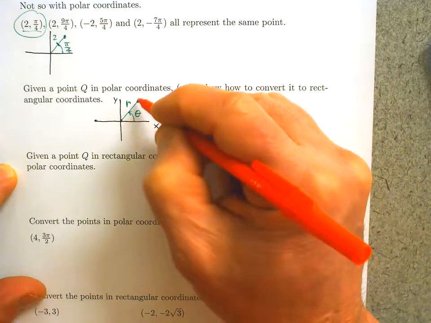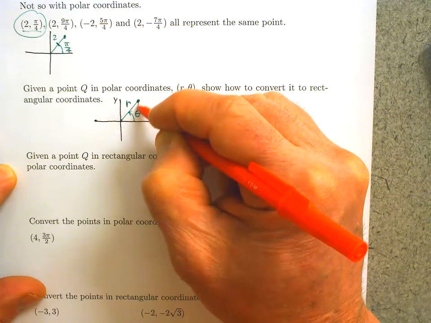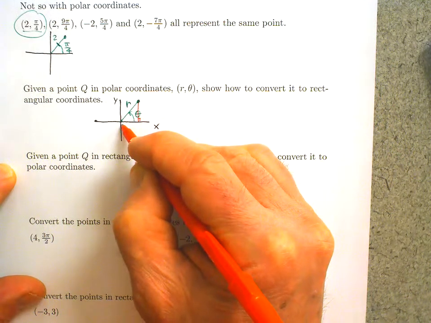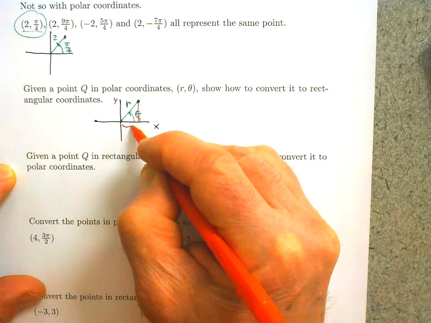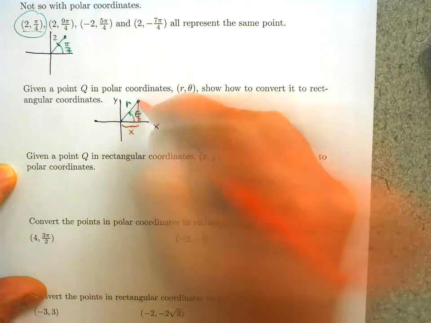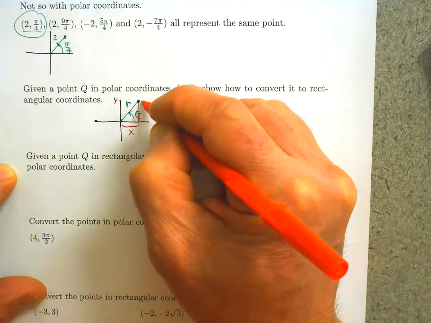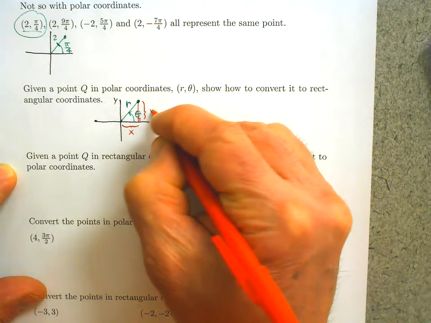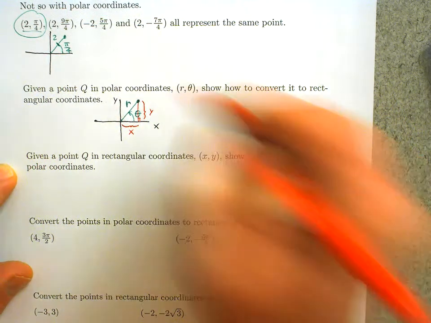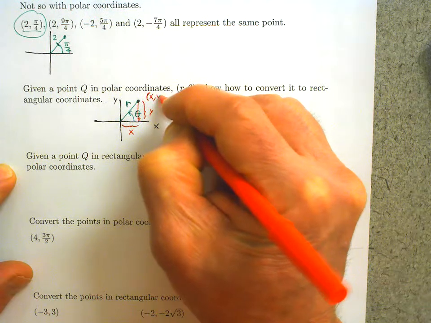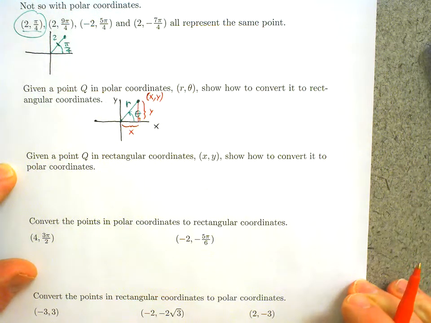Well, if we construct a right triangle, and the length of this horizontal side is just the x coordinate of that point, and the length of the vertical side is y, so if this point is in rectangular coordinates, the coordinates are x comma y in parentheses.